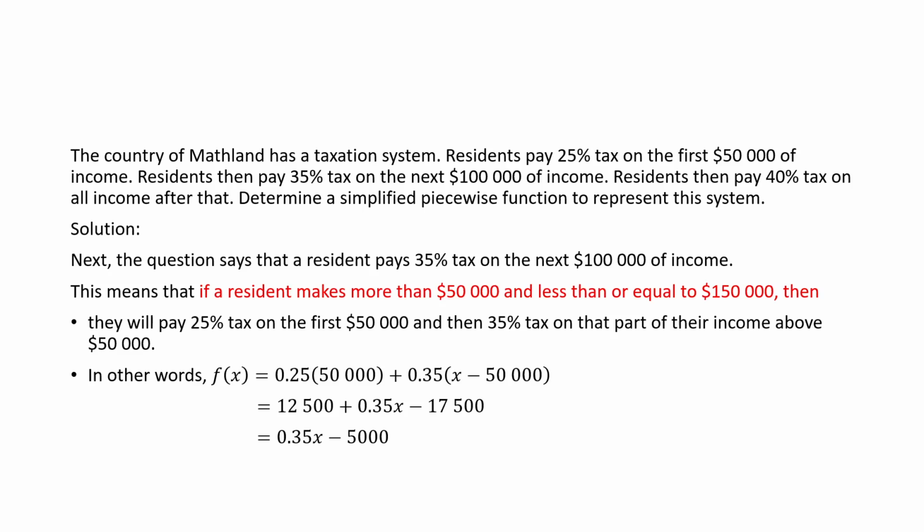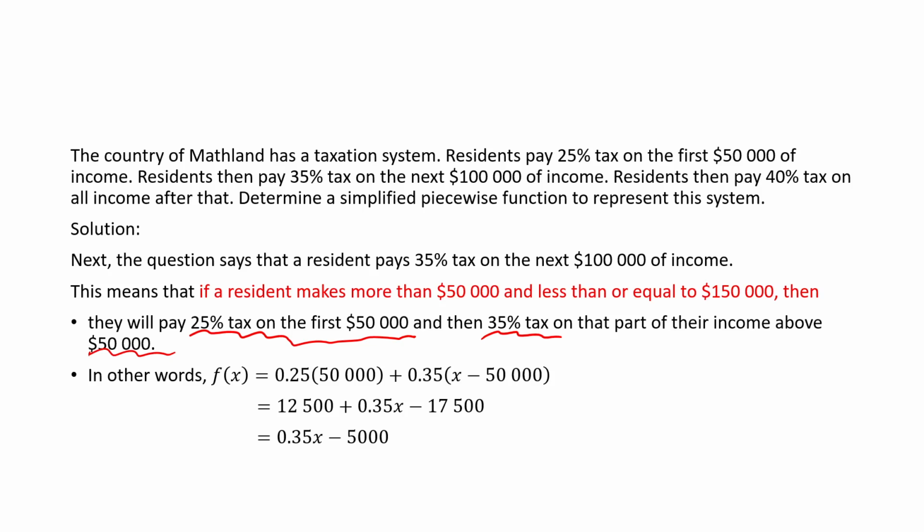Well, if a resident makes more than $50,000 but less than or equal to $150,000, then what happens is they pay 25% tax on the first $50,000, and then they pay 35% tax on the income above 50. They never pay both 25% and 35% on the same dollar.